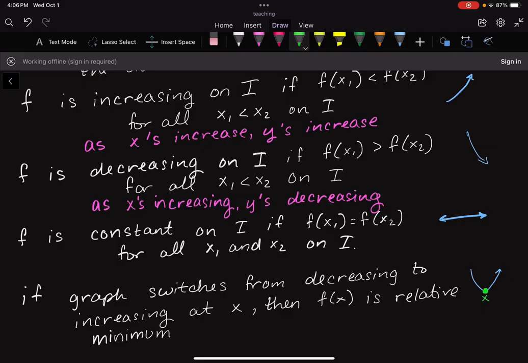But be careful. Whenever you talk about minimum or maximum, those are always y values, not x values. Whenever we talk about minimums or maximums, it's because we say it's a y value because we're reading up and down.